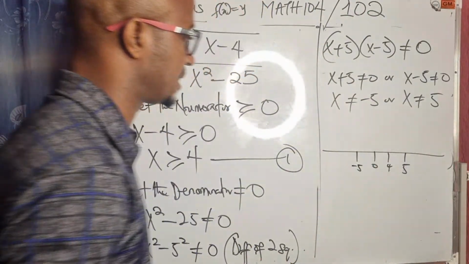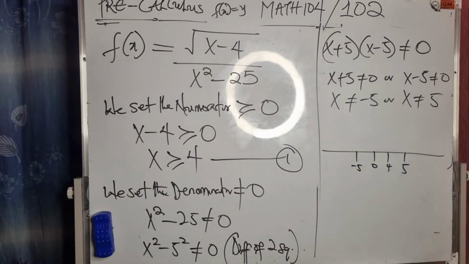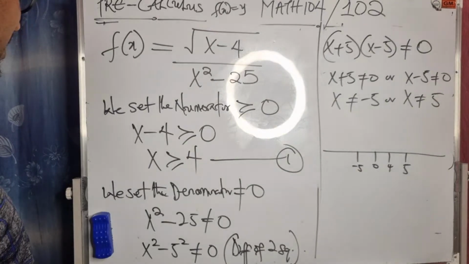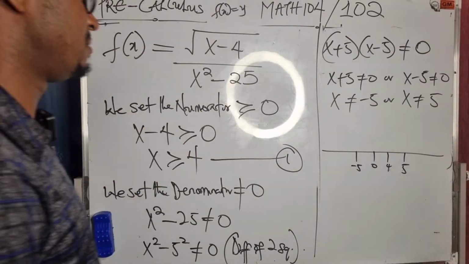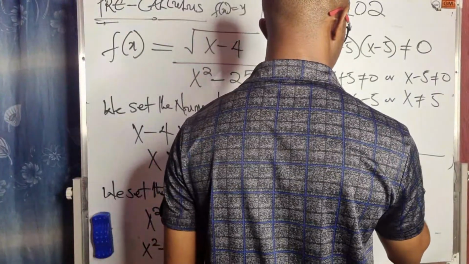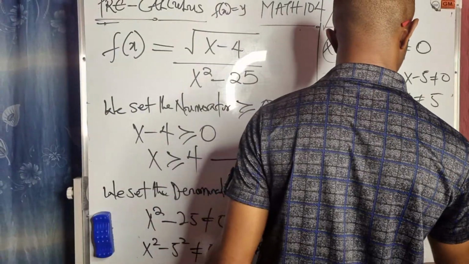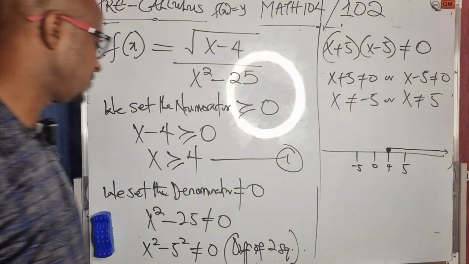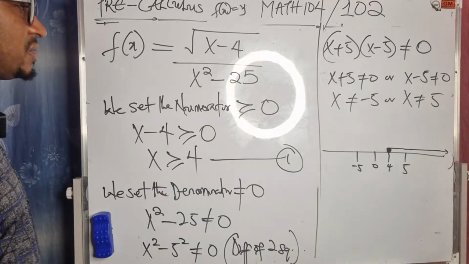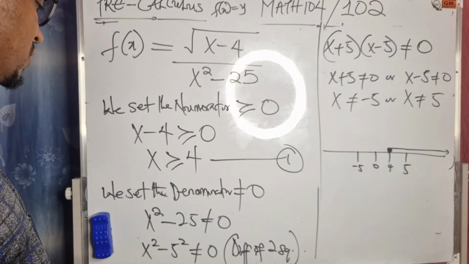Let's look at the values of x that can define this function. The first says x is greater than, meaning from this point towards this direction.